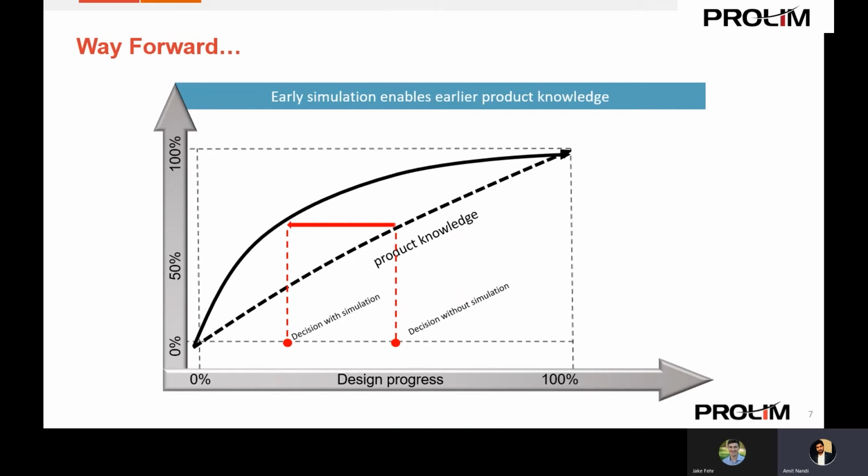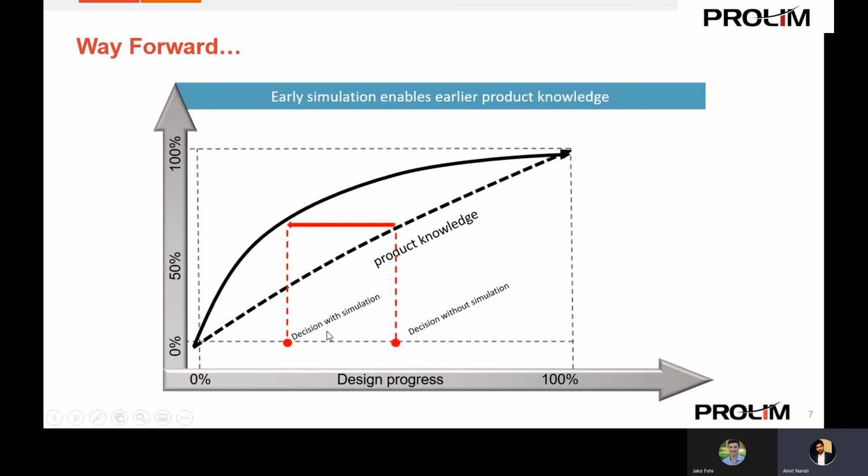So by implementing early simulation in the product development phase, it will not only help you take decisions faster, but also save development cost and development time, and also increase the product knowledge earlier than the traditional way of doing things, right?